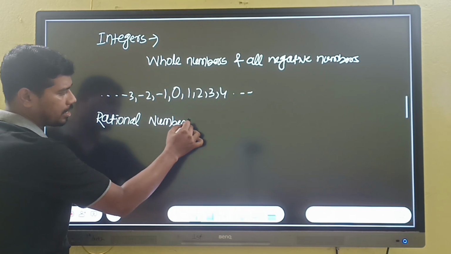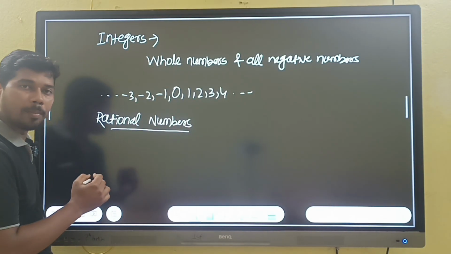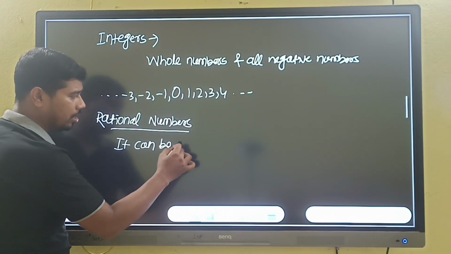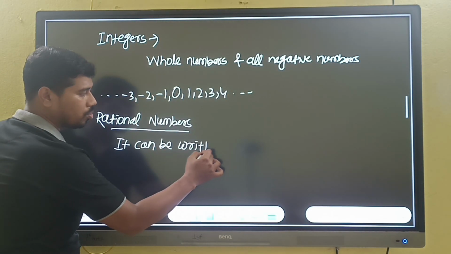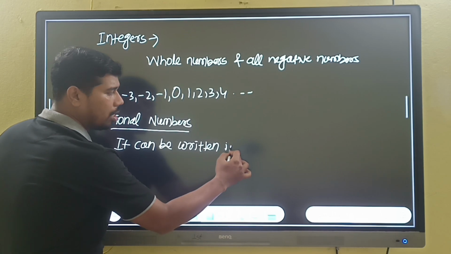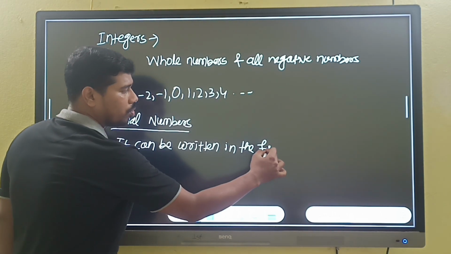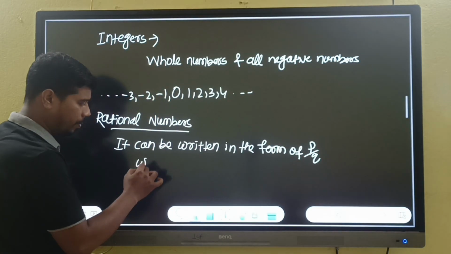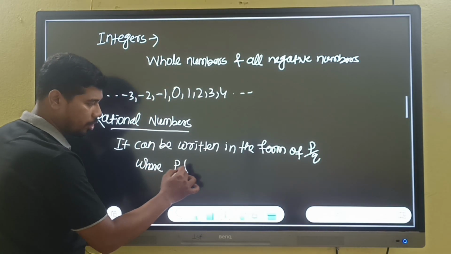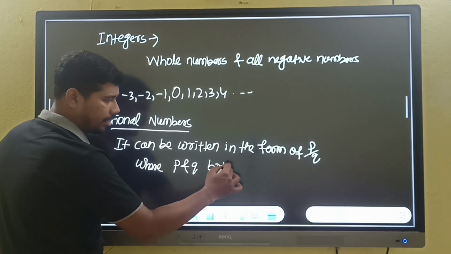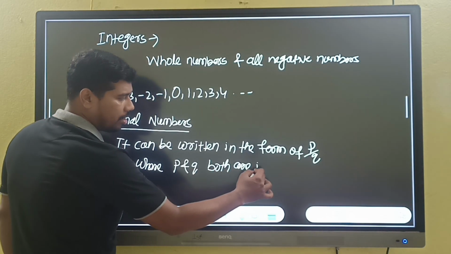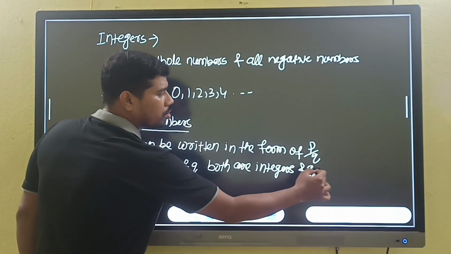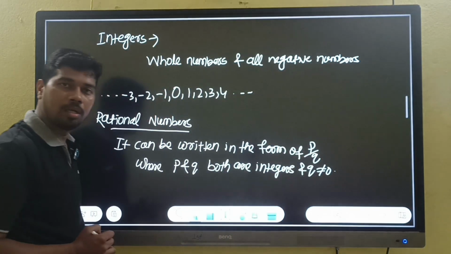So here rational numbers are those numbers that can be written in the form of P by Q, where P and Q both are integers and Q is not equal to 0. Q should not be equal to 0.